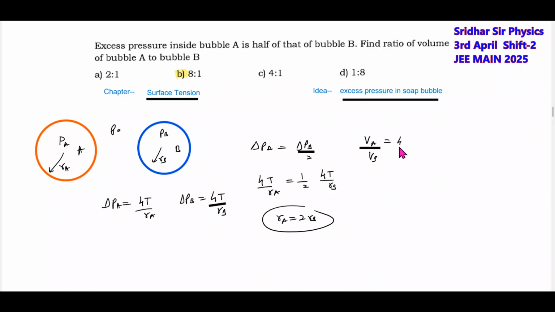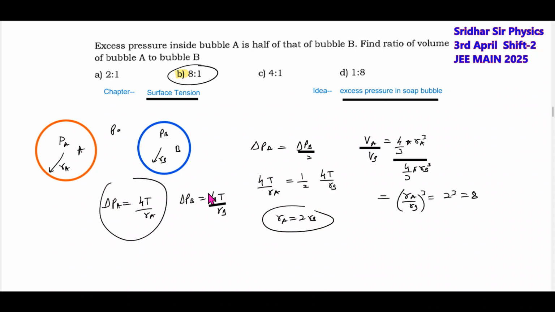Equating, RA cube equal to 8 RB cube, so RA by RB will be 2 cube, which is equal to 8. So 8 is to 1.